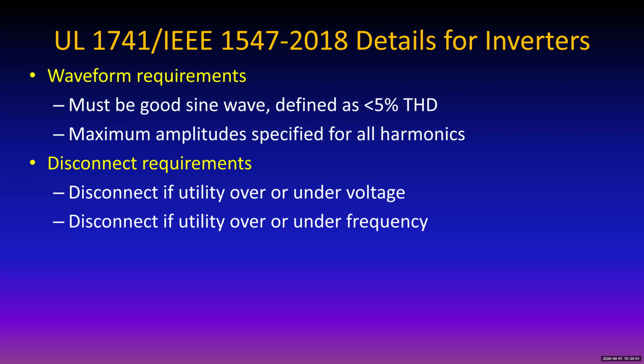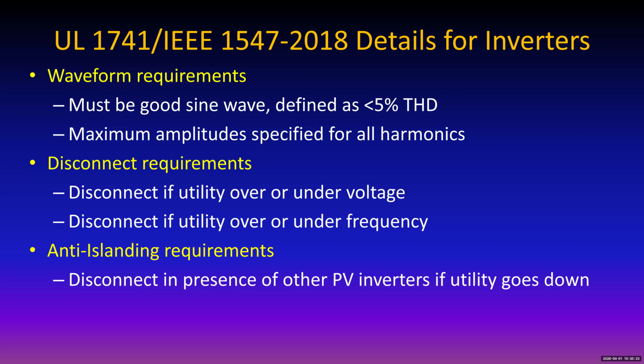If you've got a 200 megawatt utility system and the utility frequency starts going down, the last thing you want to do is turn off that system, because that's going to send that frequency into a nosedive. You want it to stay on as a stabilizer for the system, because the frequency goes down when the system tends to get overloaded. So this is part of the deal with the utility.